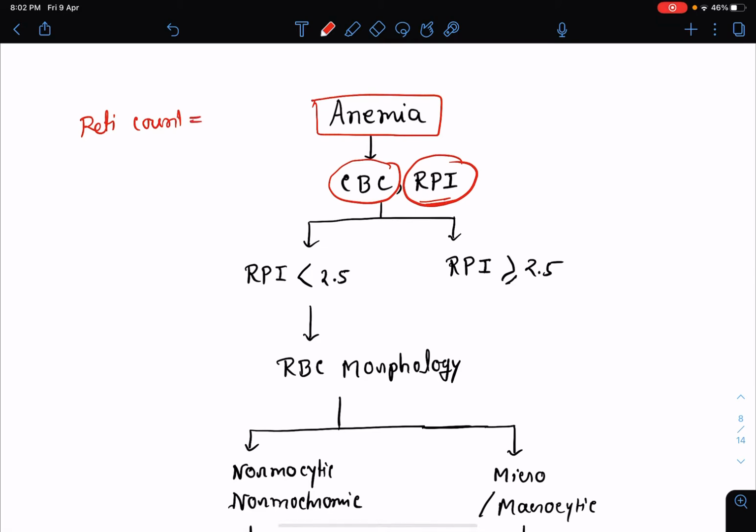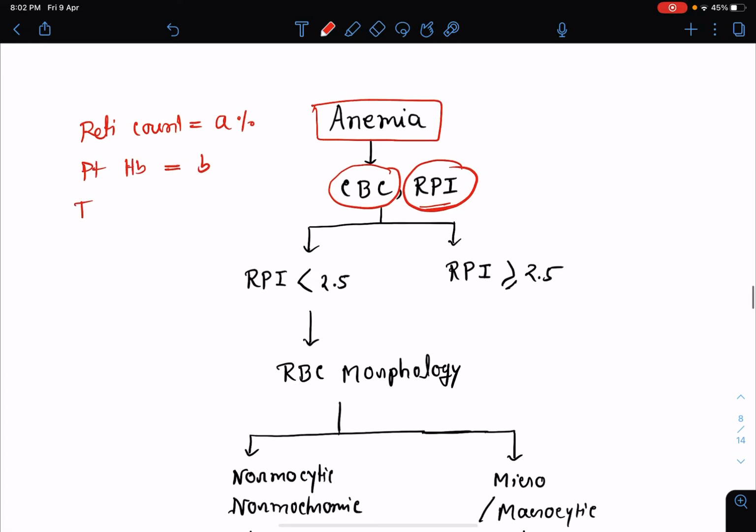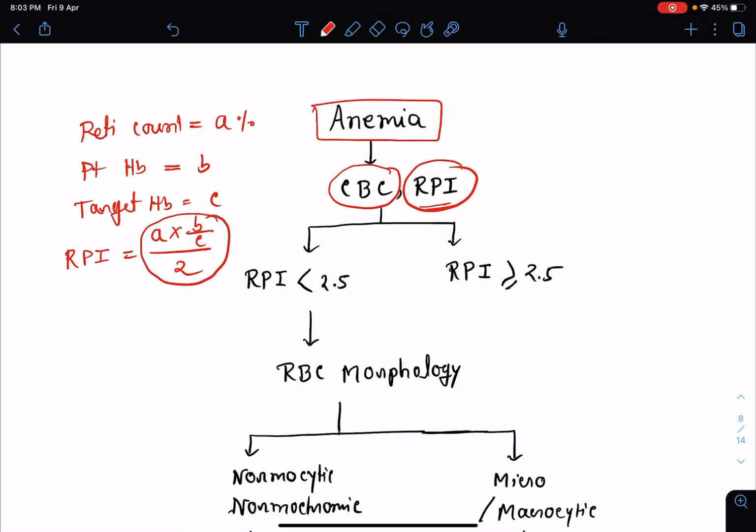Suppose if the reticulocyte count is A% and patient's hemoglobin level is B, and if our target hemoglobin is C, then reticulocyte production index is going to be as follows. So this is going to be the reticulocyte production index.